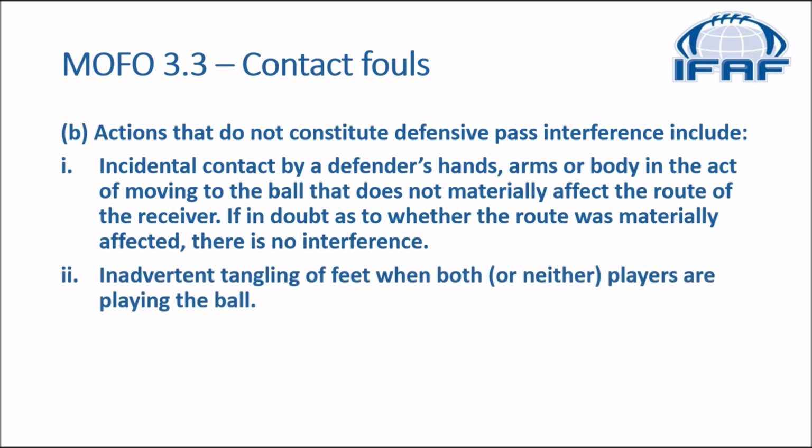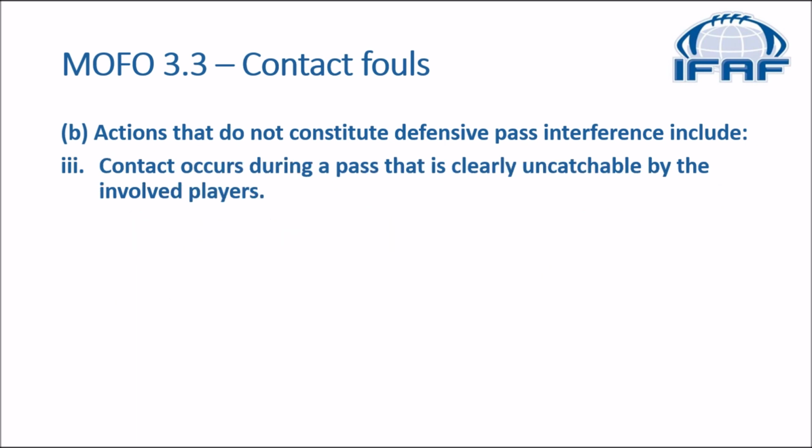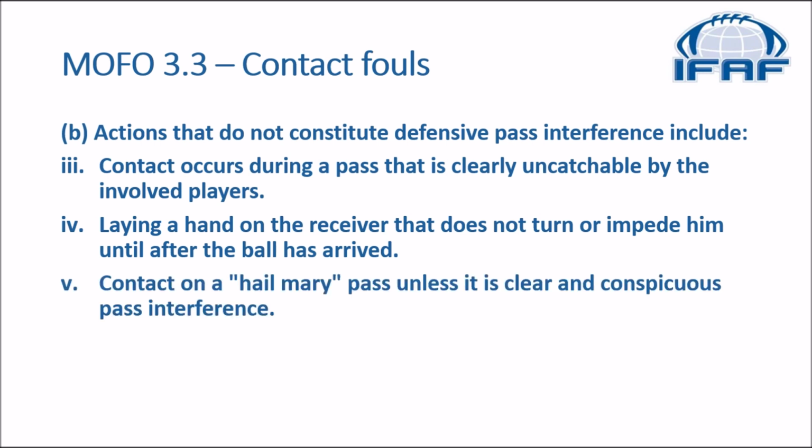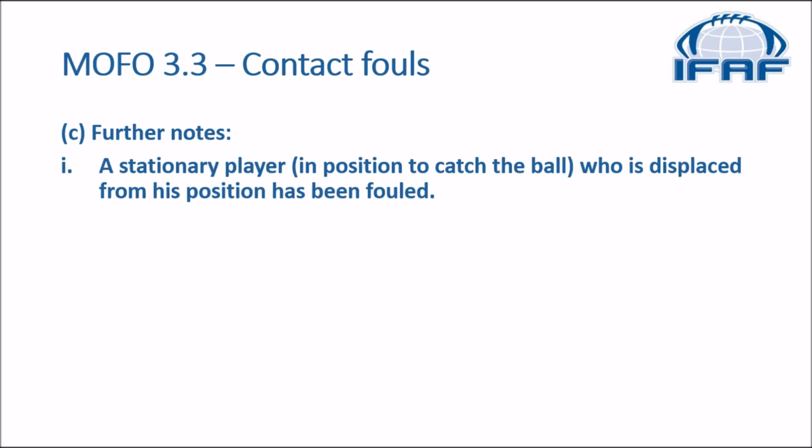Inadvertent tangling of feet when both or neither players are playing the ball. 3. Contact that occurs during a pass that is clearly uncatchable by the involved players. 4. Laying a hand on the receiver that does not turn or impede him until after the ball has arrived. 5. Contact on a Hail Mary pass unless it is clear and conspicuous pass interference.